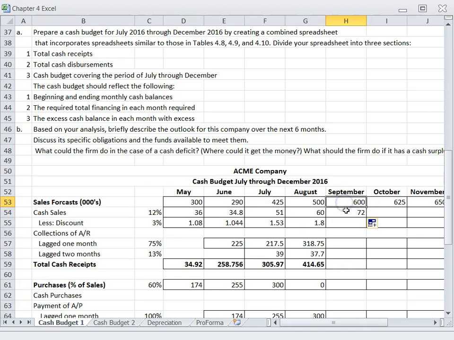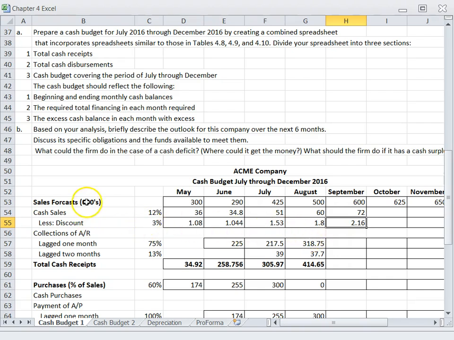So 600,000, 12% is 72, so this means in September, I immediately collect $72,000 in cash collections. And of those cash collections, 2,000.16 are going to be a discount. It's sort of like when you get 2% cash back or 3% cash back.